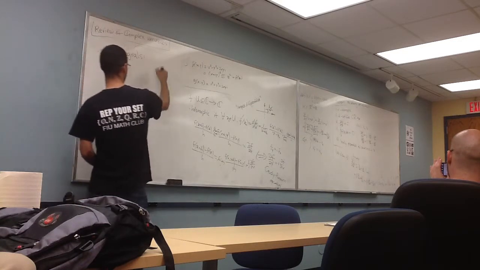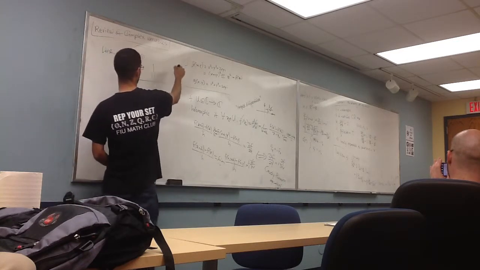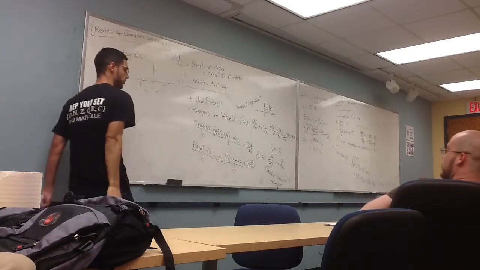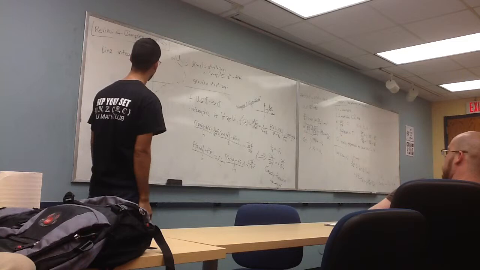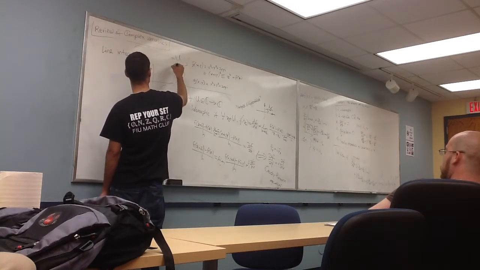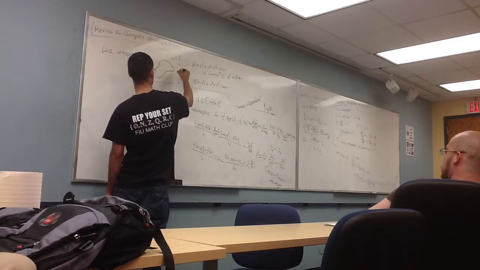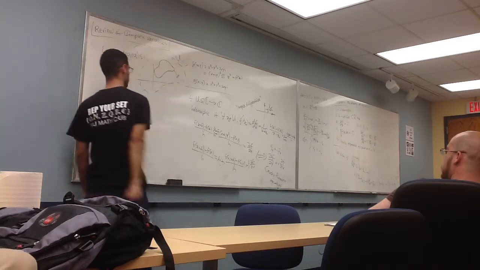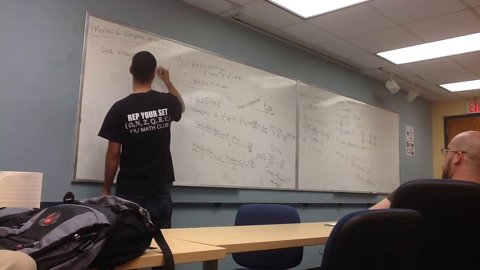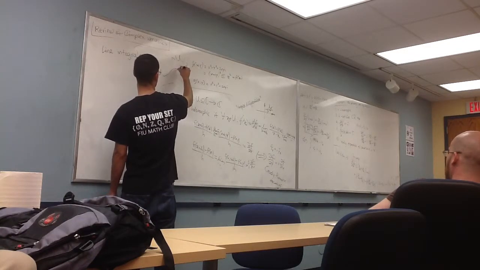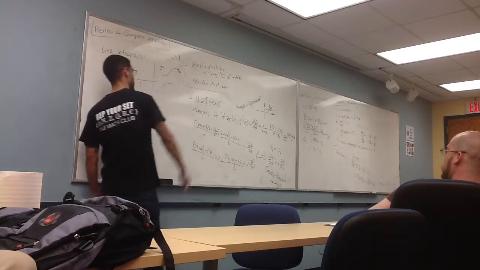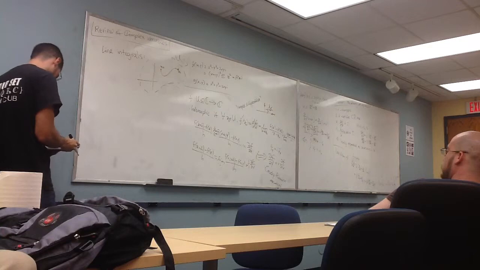So for example, suppose this is our domain U on which f is defined. If we have a curve inside of U, call this gamma, let's just keep it arbitrary for the moment.